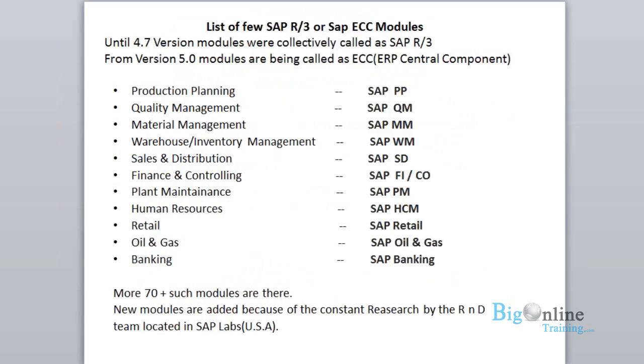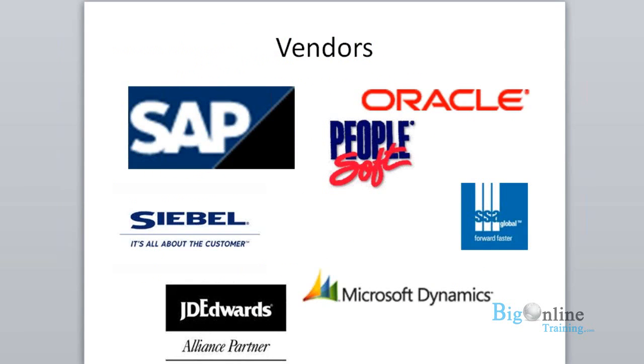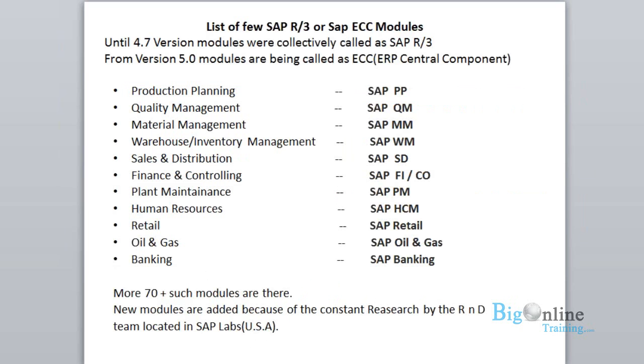SAP is one of the vendors. There are many vendors: Oracle, PeopleSoft, Siebel, but SAP is the best one because it covers all the departments. There are other vendors, but they don't cover all the departments. That's the reason SAP is popular.